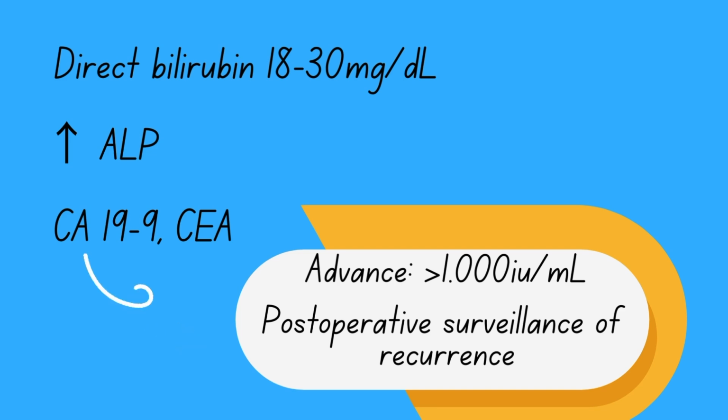However, when the tumor is resected, the levels of this tumor marker CA19-9 will fall back to normal. If it rises again, it is a sign of recurrence. Thus, this marker is used for post-surgical surveillance.